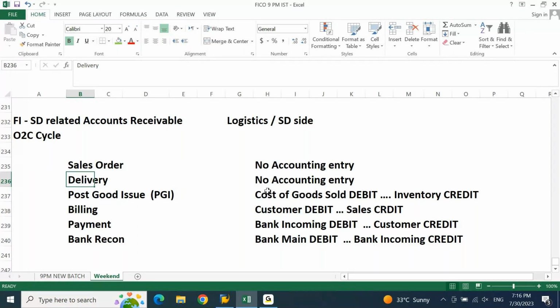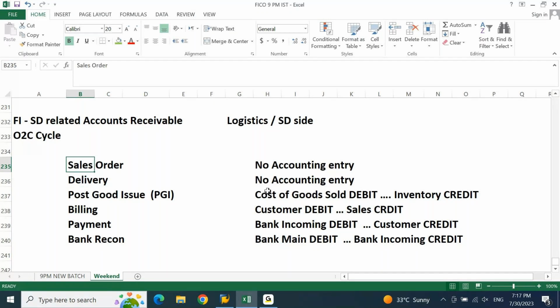Let's say you are the stores in charge, who is supposed to look at how many orders we have from the customer, what products we need to deliver, where, and by what time. For this delivery, you are dependent on the sales order, correct? You will pick the sales order.